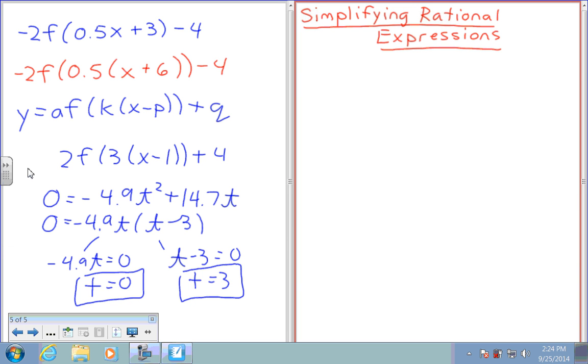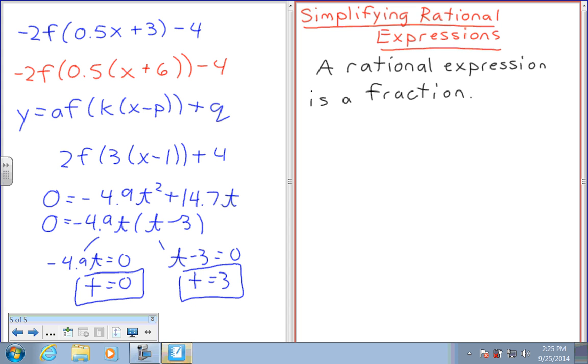A rational expression is a fraction. If f of x is a function, then 1 over f of x is a rational expression.